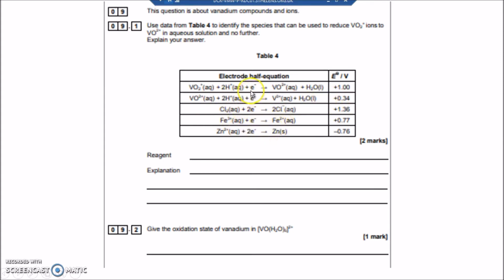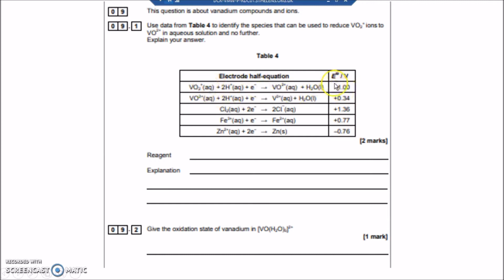There's electrons on the left-hand side of this one. This is reduction. These would have to be turned into oxidation and go the other way around, and these figures would become minuses, or this one will become plus.